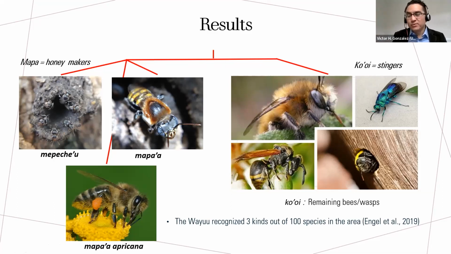And here they include the honeybees, carpenter bees, and even solitary and social wasps. So they are only recognizing 3 out of those 100 species that we estimate are in the area. So again, very similar.